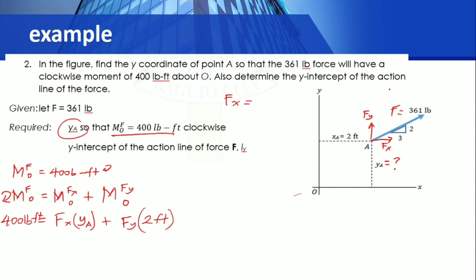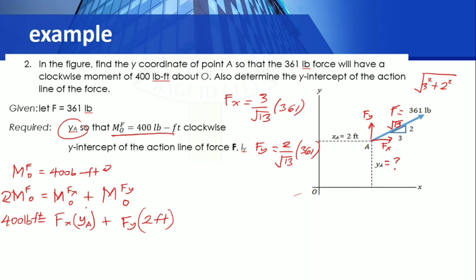So, that will be 3 squared plus 2 squared. So, this will be square root of 13. Okay? So, para makuha natin yung Fx, so that will be Fx is equal to 3 over square root of 13, tama ba? Multiplied by 361. Okay? And yung Fy natin, that will be equal to 2 over square root of 13 times 361.